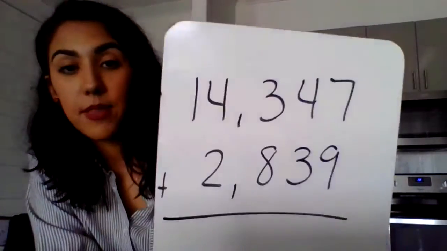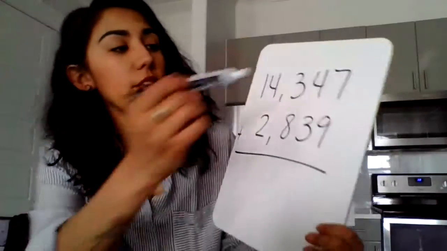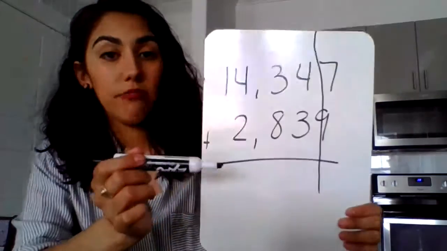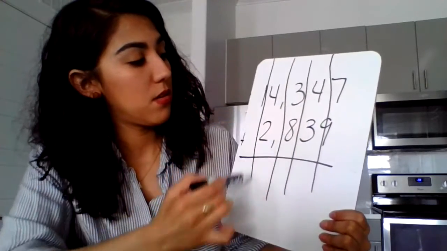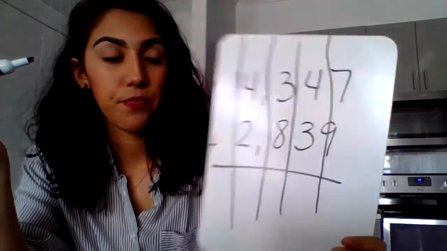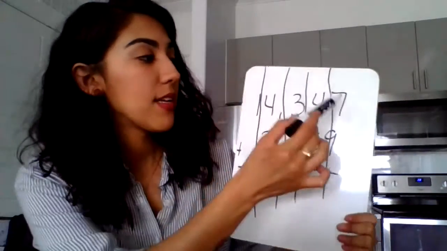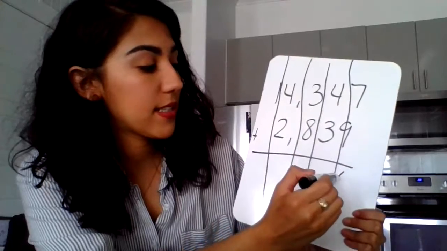Make sure when you set up your numbers that you're lining them up by place value. So 14,347 plus 2,839. So your paper should look something like this. You noticed that one's kind of crooked, but all my numbers are lined up by place value. Now let's go ahead and start adding. 7 plus 9 is 16.